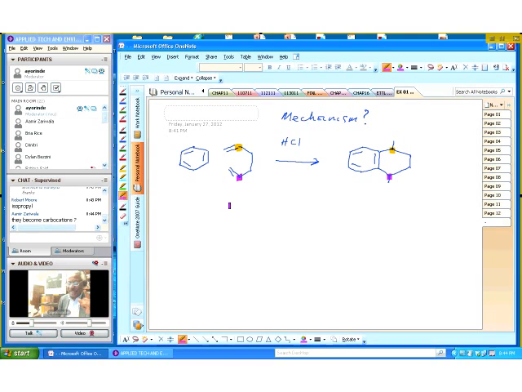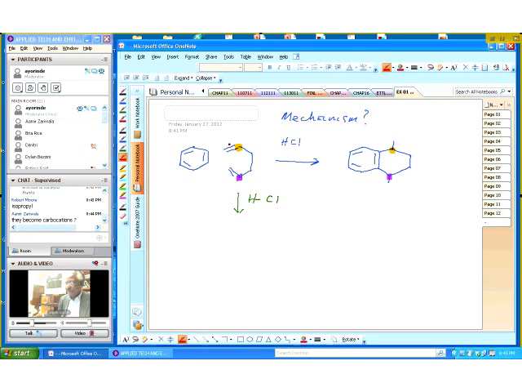The first step, they become carbocations. Excellent. So for them to become carbocations, we are going to have this attack this here, so we have HCl here.